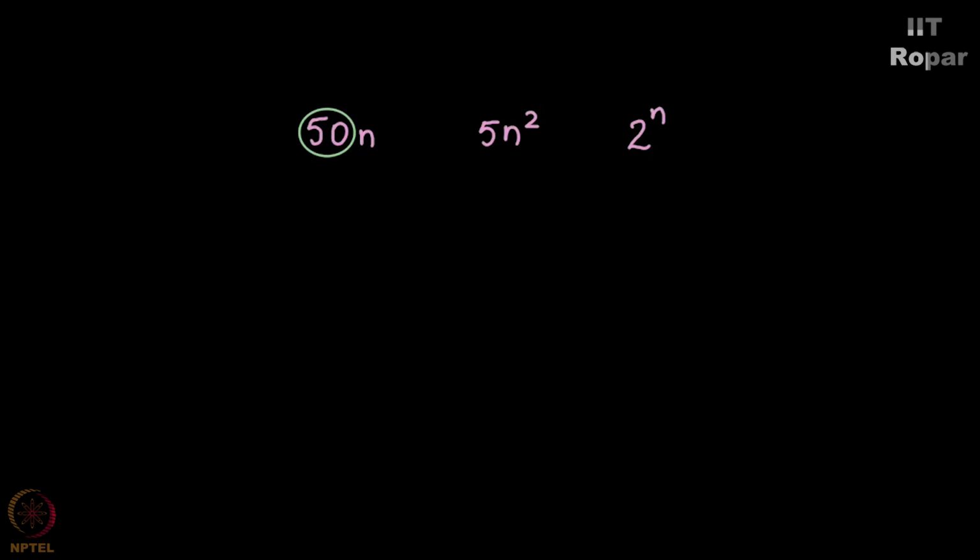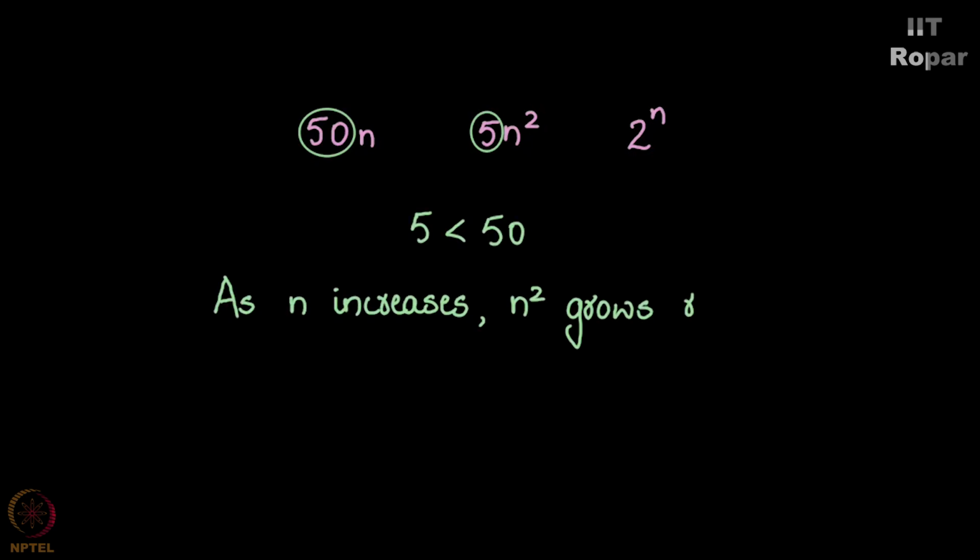While for 5n square, 5 was small. That is why Ravi, R of n, was increasing slowly, because the constant 5 is smaller than 50. But as n increases, n square grows very big in comparison to n. And that is why Ravi had an upper hand.